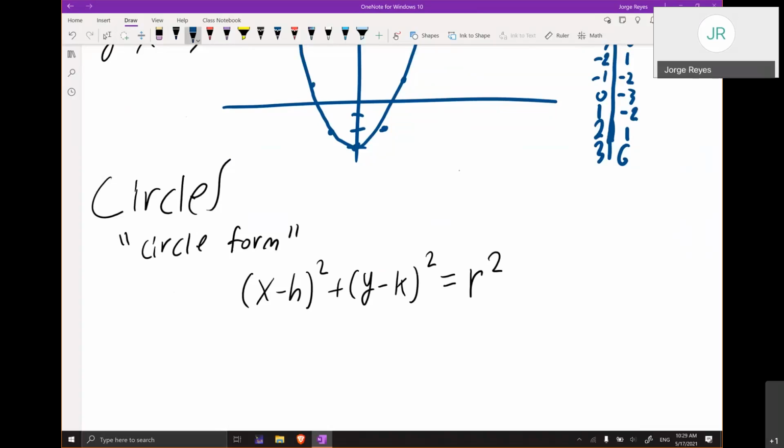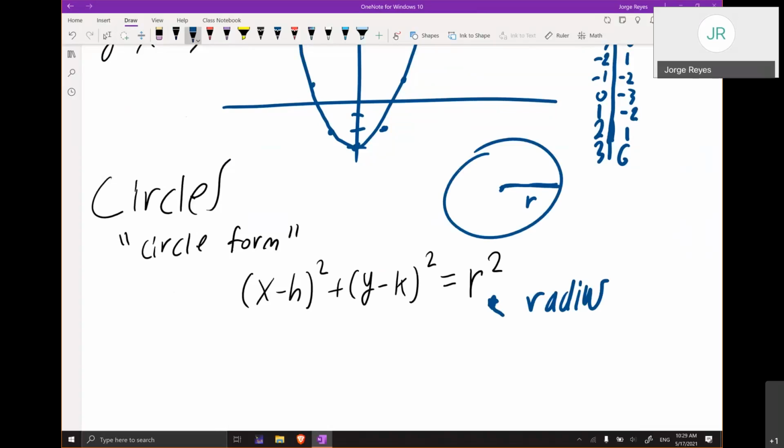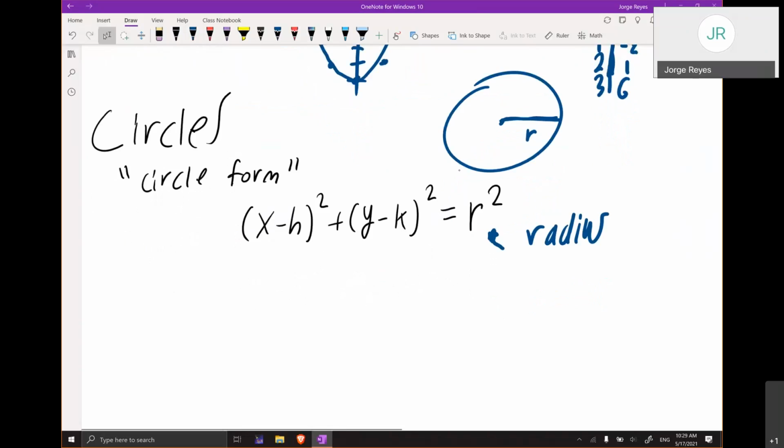R stands for the radius, which is the length from the center to any point on the circle.